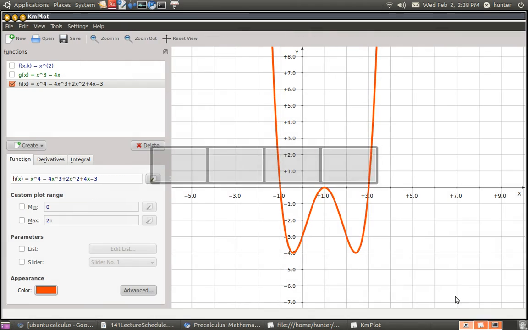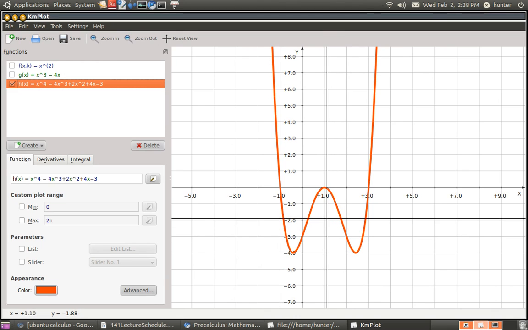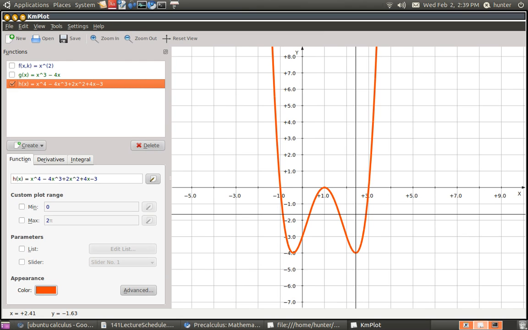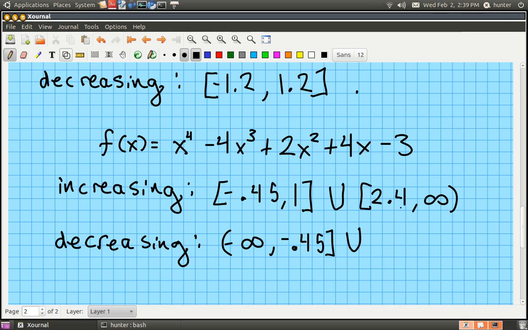Okay, and then it was decreasing in another place because it's kind of shaped like a W. It also seems to be decreasing from 1 over to this point, and that point is about 2.4. Let's see what I called it. I said it was 2.4. Okay, so it's decreasing from 1 to 2.4.